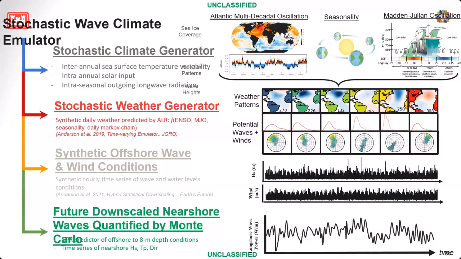I don't want to go into details, but that kind of wave climate model uses historical data to train a model, so the model can generate long stationary statistical signals for waves and water surface elevation.